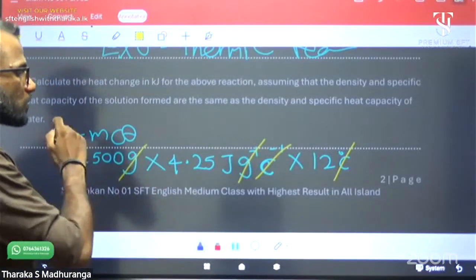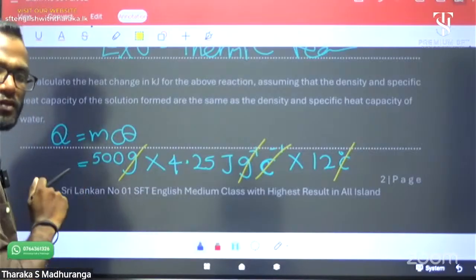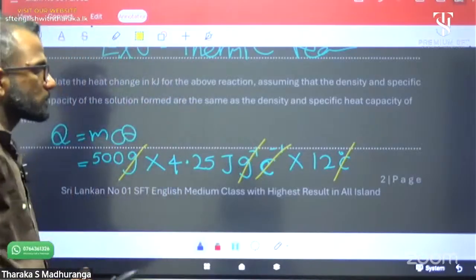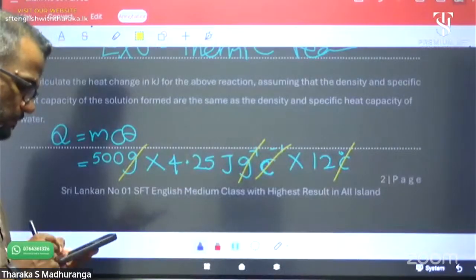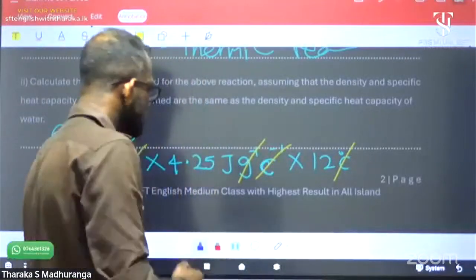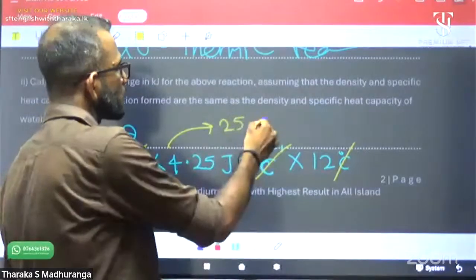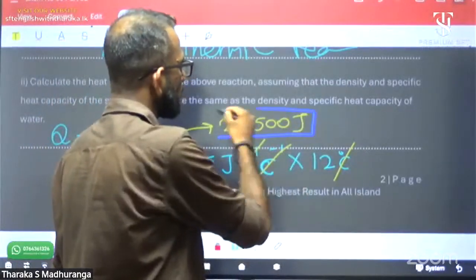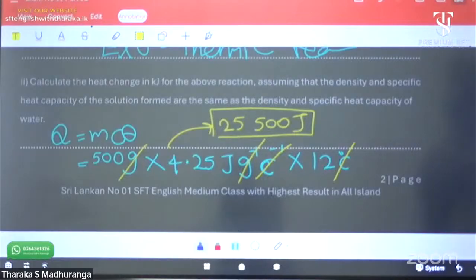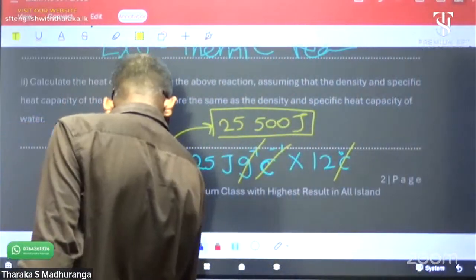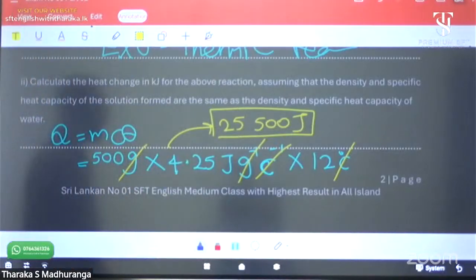Now 500 into 12, it is 6,000. 6,000 into 4.25, 25,500 joules or 25.5 kilojoule. 25.5 kilojoule. Right?